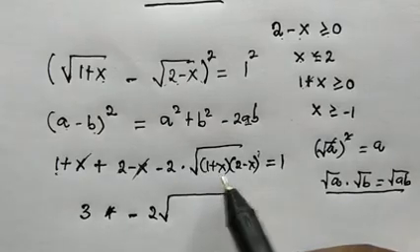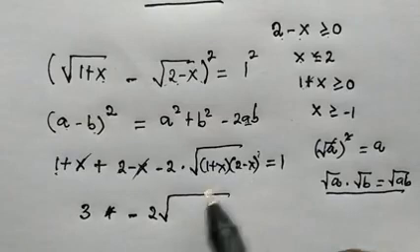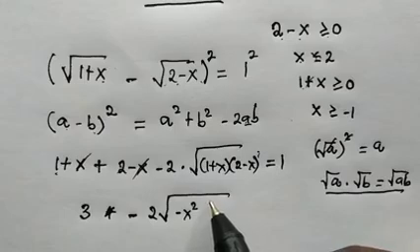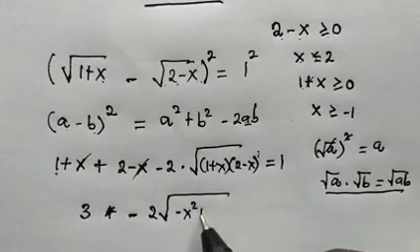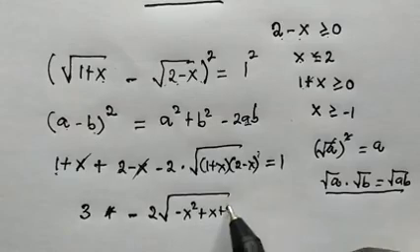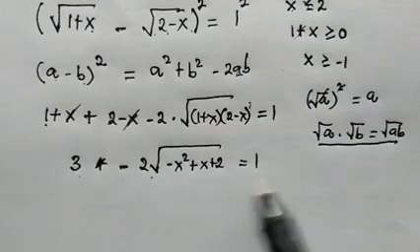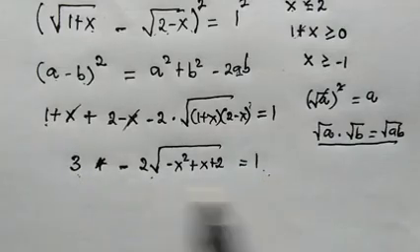Now, if you find the product of this, that will give us negative x squared plus x, then plus 2. So this is equal to 1. Now, 3 minus this will give us this.